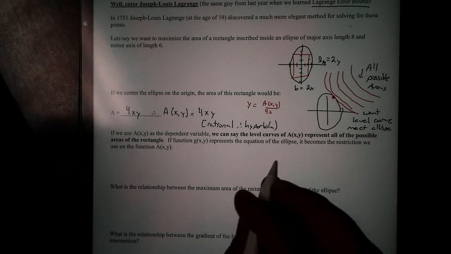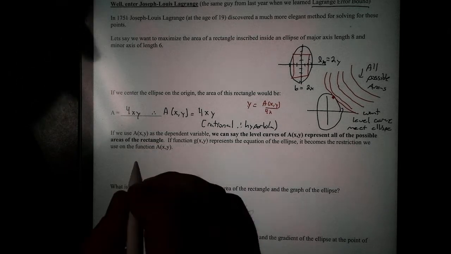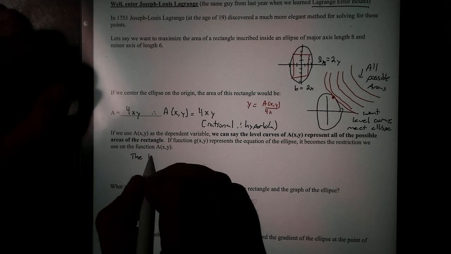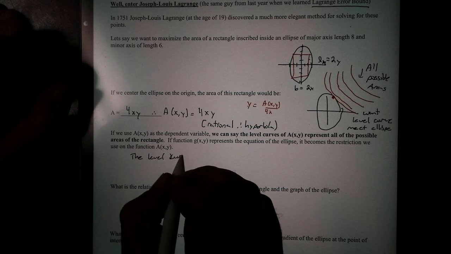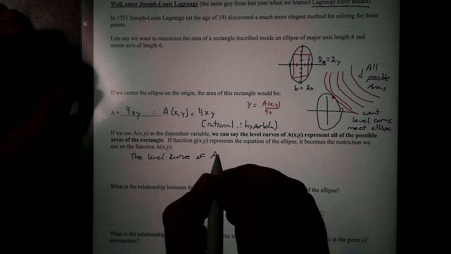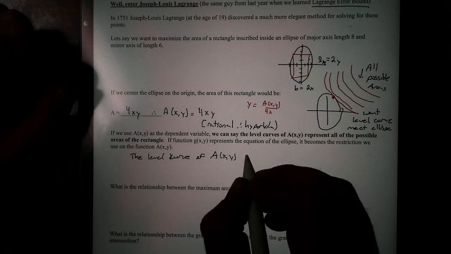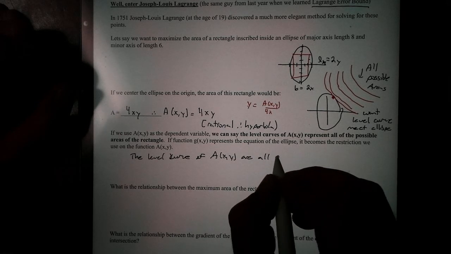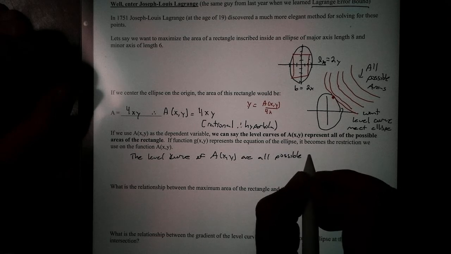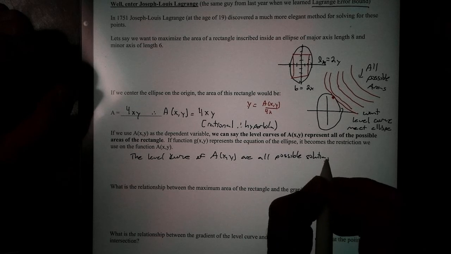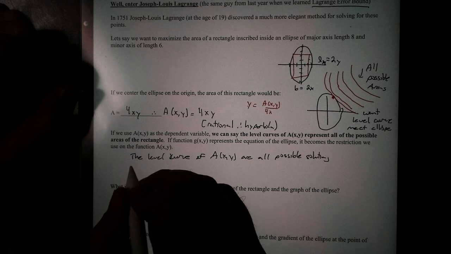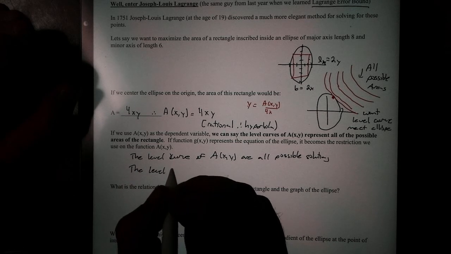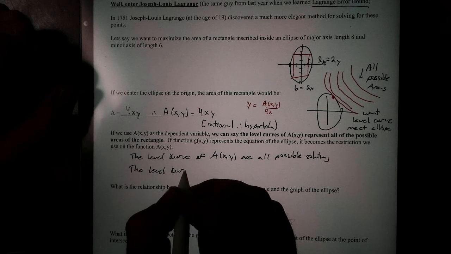So in other words, what we're saying here is that the level curves of our function A(x, y) represent all possible solutions. What we want to find is the level curve tangent to the ellipse.